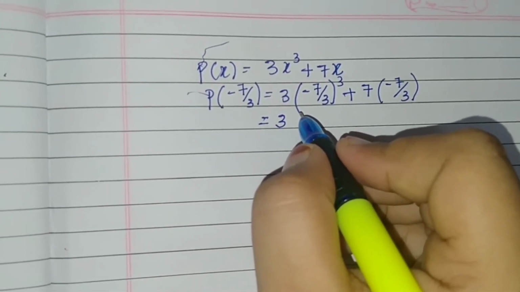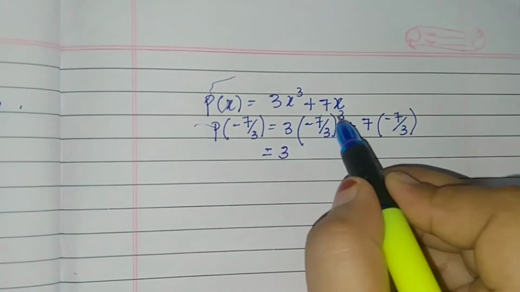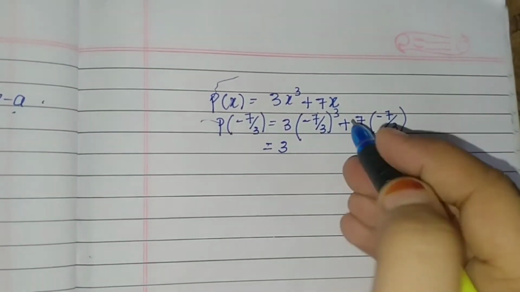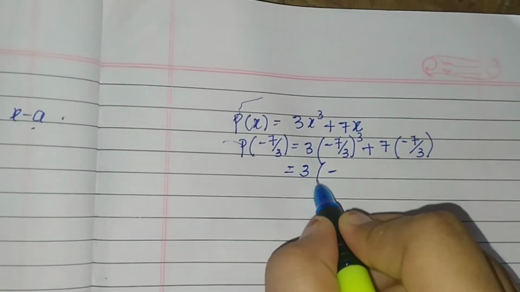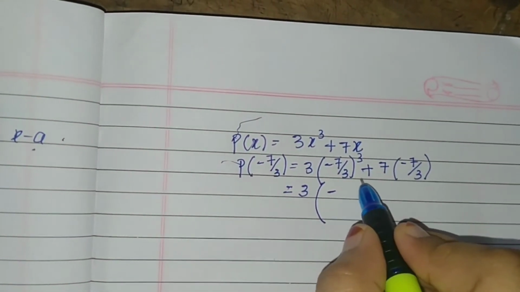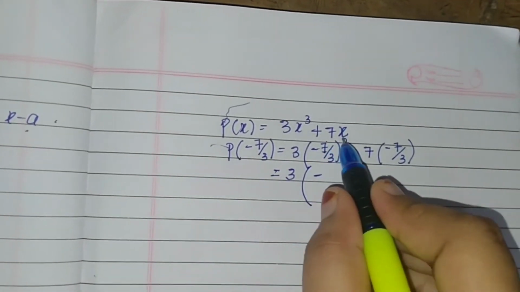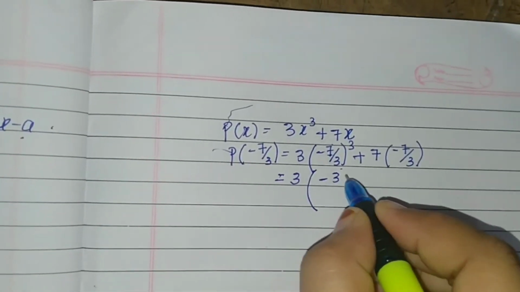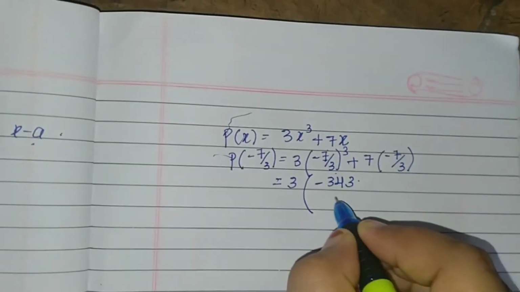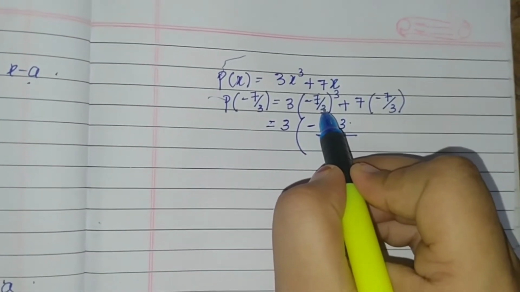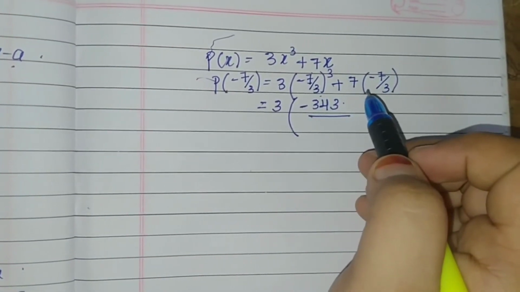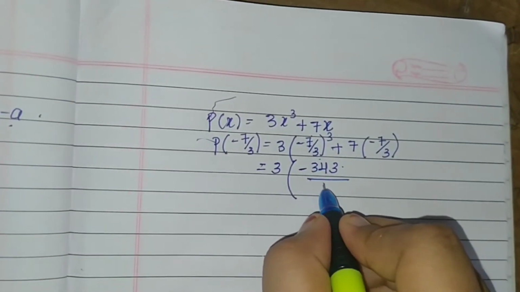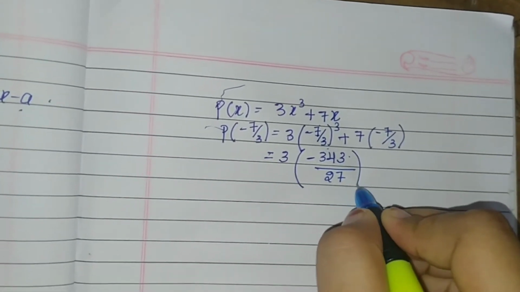So just see here, I told you, right, minus 7 the whole cube. When you multiply the number 3 times, you are going to get a minus sign again. Okay, so 3 into minus 7 cube. 7 cube means 7 into 7 into 7. You are going to get 343 divided by 3 to the power 3, which is nothing but 27. 3 3s are 9, 9 3s are 27.